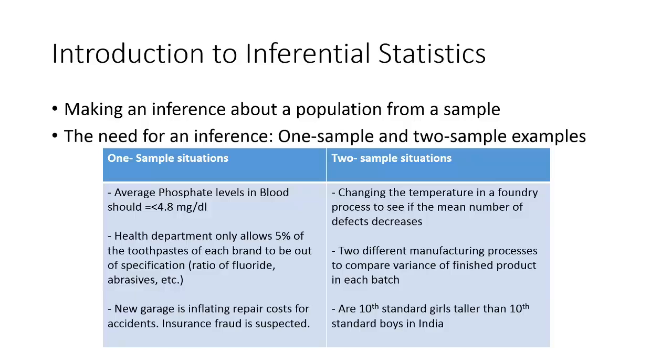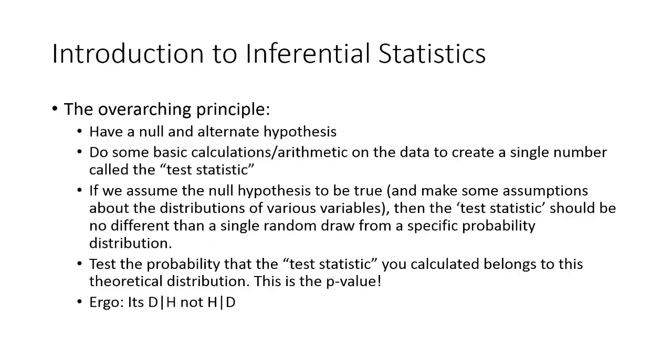So it's collectively exhaustive. Okay, so then what we will be doing, and you've not been taught this yet, is some basic calculations or arithmetic on the data to create a single number called the test statistic. You don't know what that is yet, but the reason I'm explaining this is to give you an idea that you are going to be working with the sample.